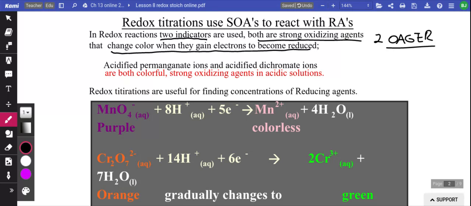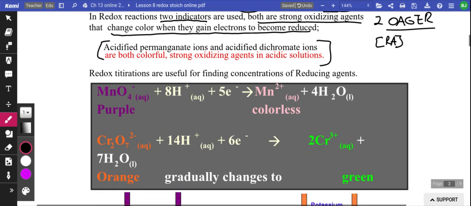So they are used in redox titrations, and we use those strong oxidizing agents to react with reducing agents, and that allows us to find out the concentration of the reducing agents. Okay, so what are they? Acidified permanganate ions and acidified dichromate ions. They're both colorful and they're both strong oxidizing agents when acidic.